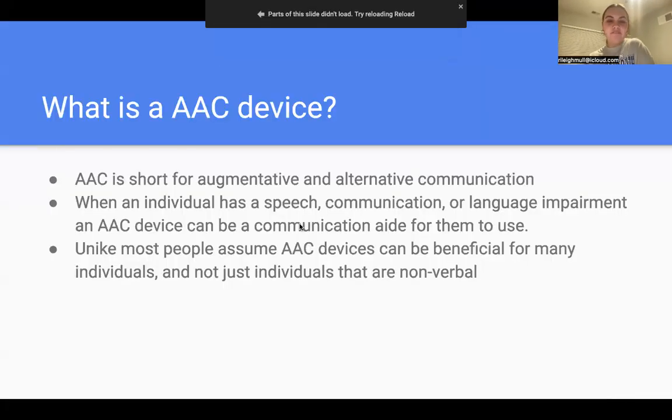Okay, so first, what is an AAC device? It's an augmentative and alternative communication device. Something I feel is so interesting, and very beneficial to know, is that there are so many different types of AAC devices. There's unaided and aided, and unaided can include facial expressions and gestures. It can include low tech and high tech as well.